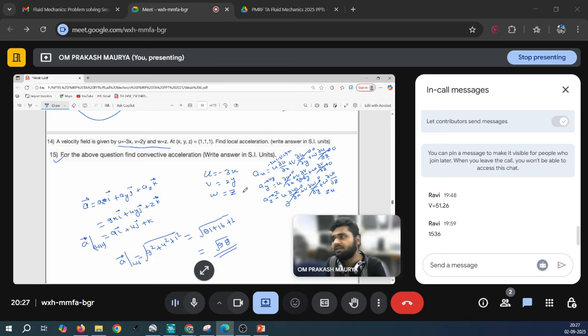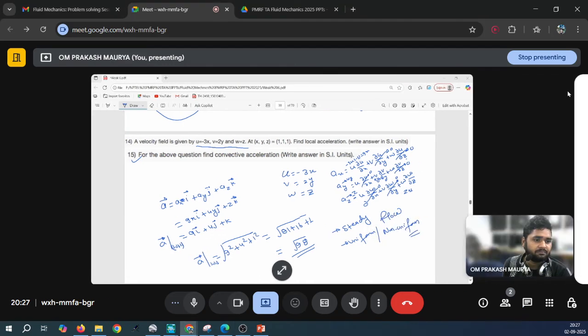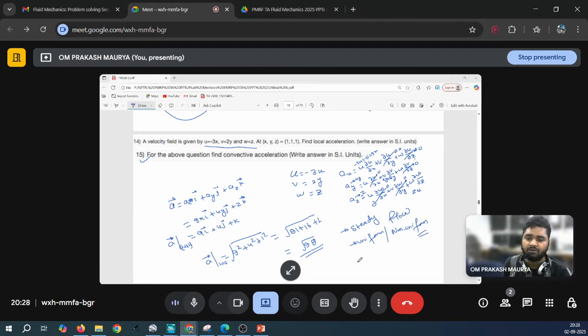So here the conclusion is, this expression is a steady flow, whether it is uniform or non-uniform.